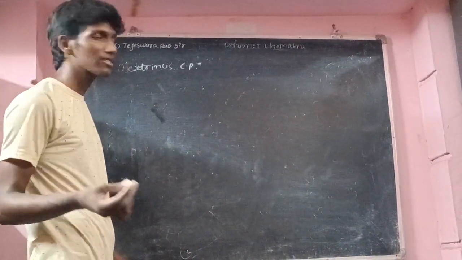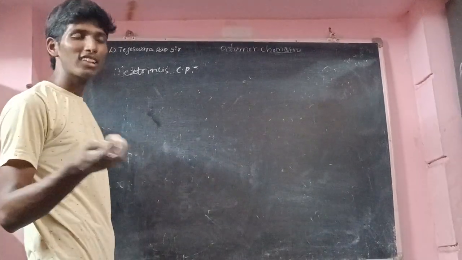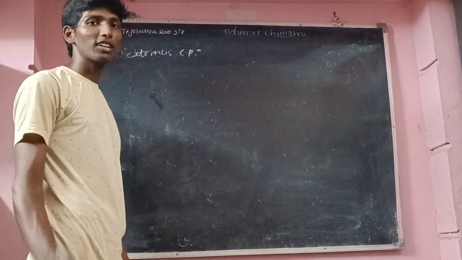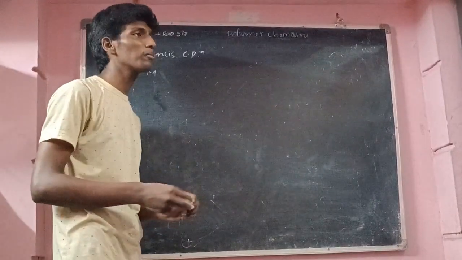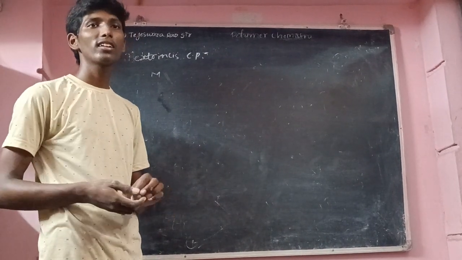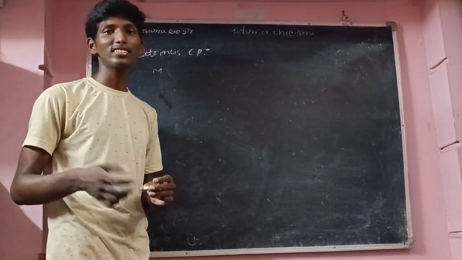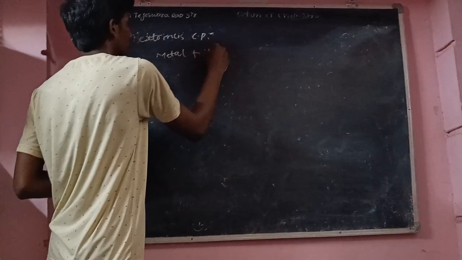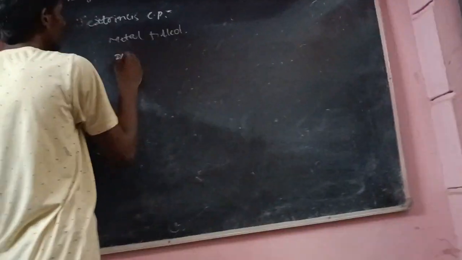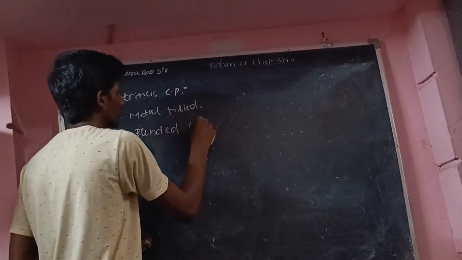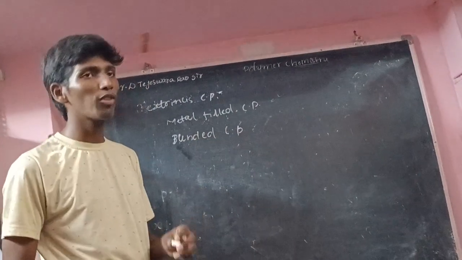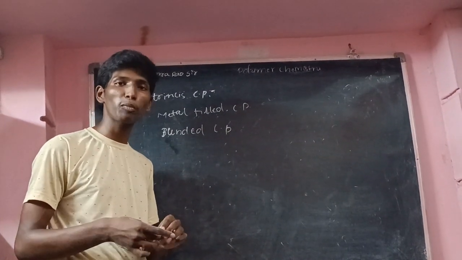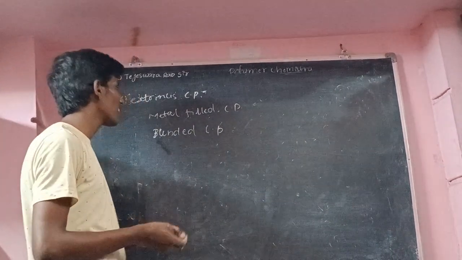It is classified into two types: metal filled conducting polymers and blended conducting polymers. Metal filled conducting polymer means an external agent like metal powder is added to the polymer to get more conductance. In blended conducting polymers, an external material or ingredient is added to the polymer to get more conductance.